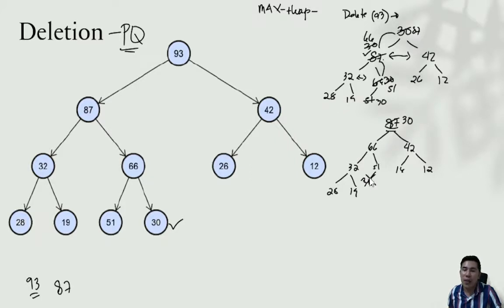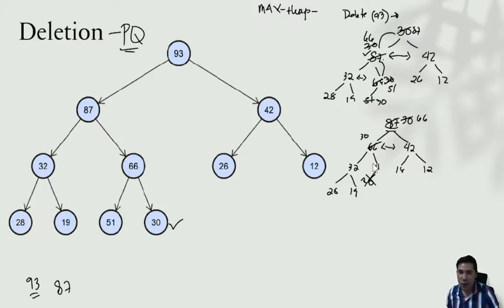It is no longer here. So we are going to perform percolation down. Right here, compare the children of the parent to see which is greater. Since 66 is greater than 42, swap 30 with 66. So you have here 30 and you have here 66.